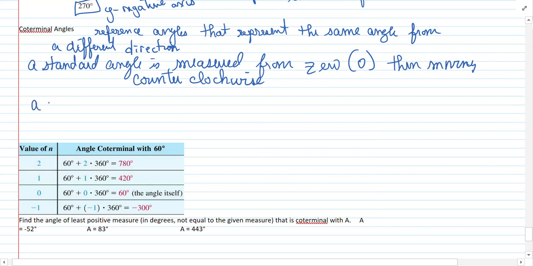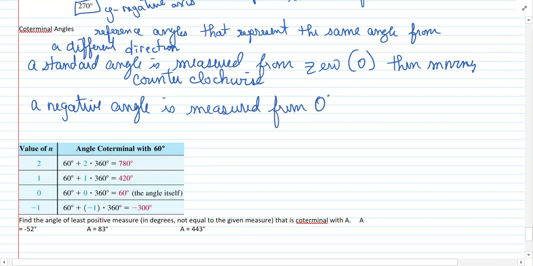A negative angle is measured from 0 in a clockwise fashion.